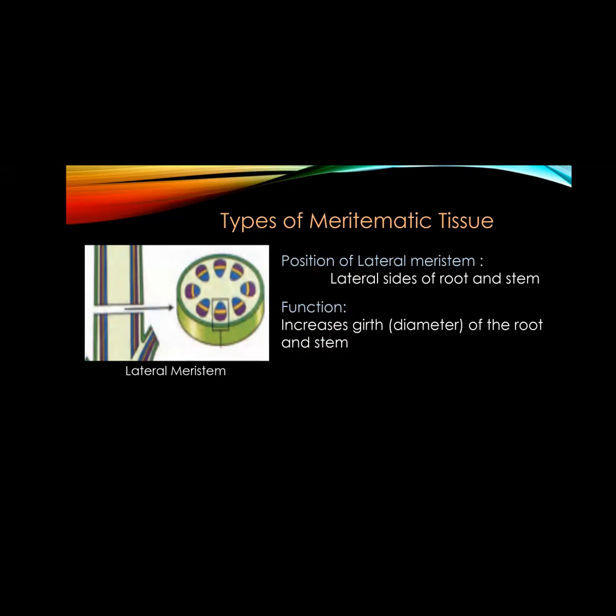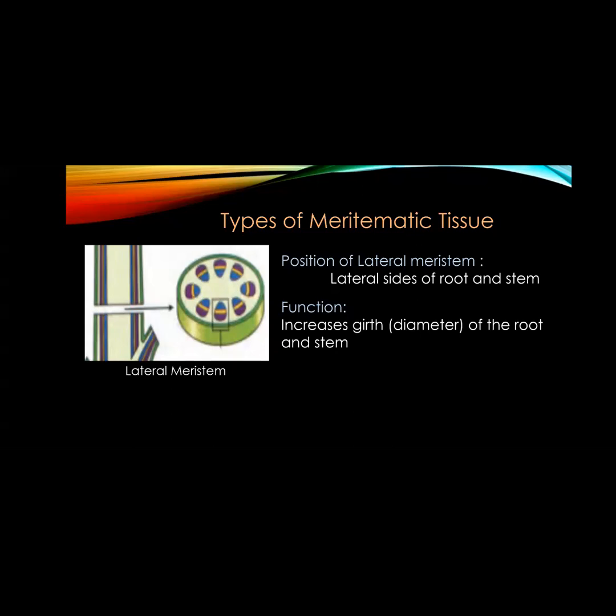We know, see the big plants, the stems of big plants are really very broad. For many plants, we can't even hold them in both of our hands. As the years pass, the diameter of the stem as well as the root goes on increasing.